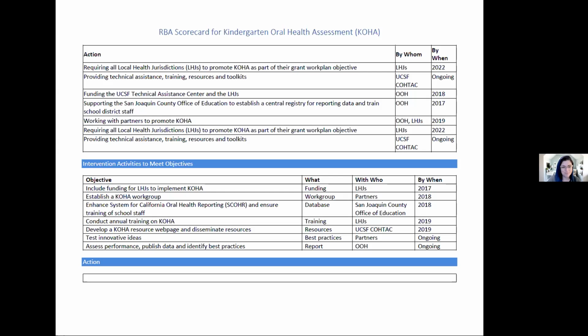Rosanna, don't we have in our contract with San Joaquin County Office of Education something about attending the regular meetings and including KOHA as part of their presentation?